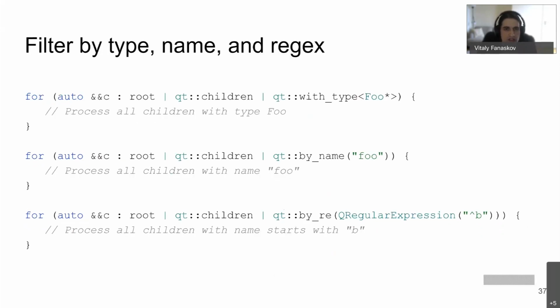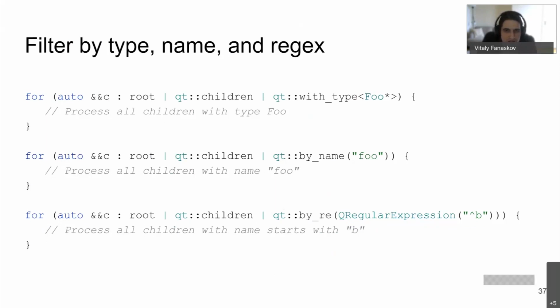Now we can do several different kinds of filtering by type, name, or regular expression. Here, the first one, we have a chain of children, and then we apply what we created before, the Qt::type of Foo star.